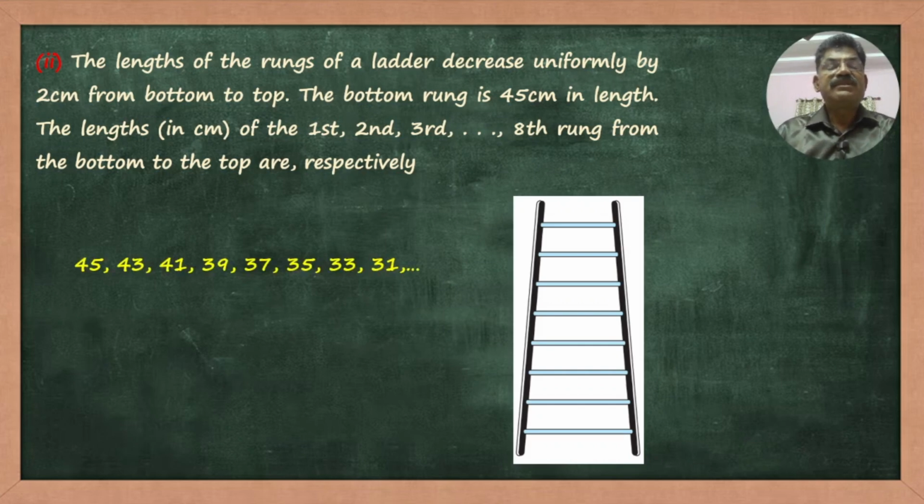So the numbers will be 45, 43, 41, 39 and so on, because from the bottom, each rung is reduced by 2 centimeters. So here you have a sequence of numbers which follows a certain pattern. What is that? Each number is obtained by adding minus 2 to the previous number. That is the pattern followed here.